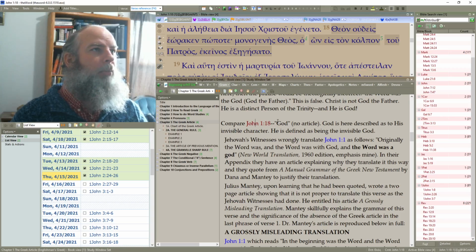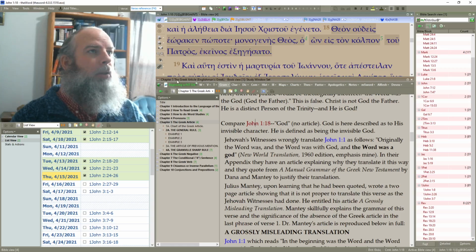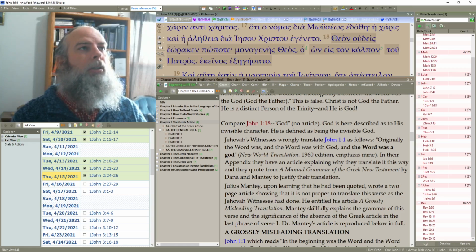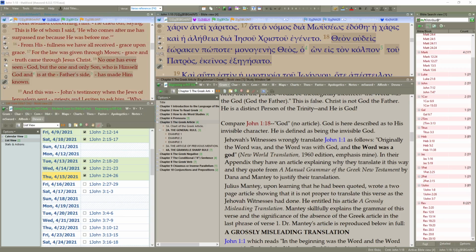Let's look at that just a little bit. It starts off with God, not, and let's turn on our morphology, has seen. He has not been seen. Let's turn off that webcam briefly so you can see that he has not been seen, or he is not seen. God has not been seen.